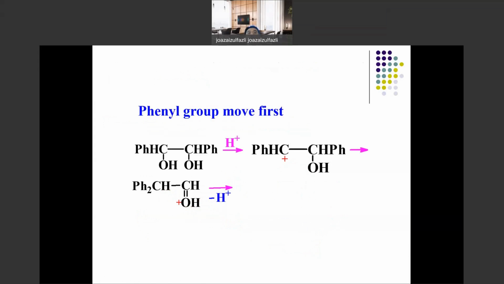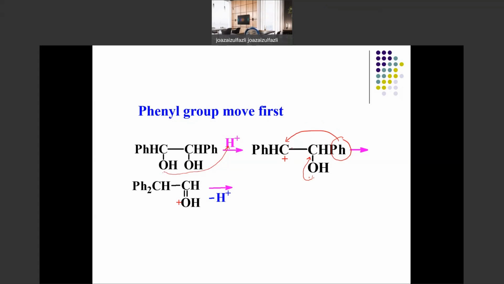In this first example, if we take the hydrogen and then lose water to form a carbocation, and then the electrons from oxygen, the migration occurs for the phenyl group instead of hydrogen.